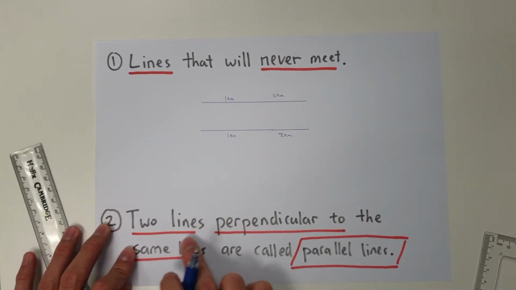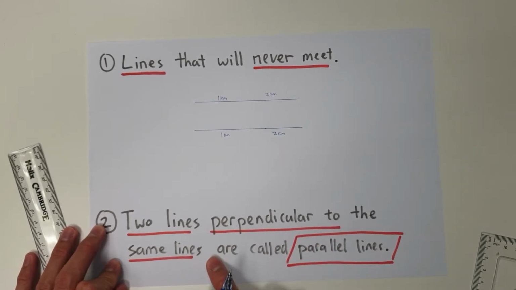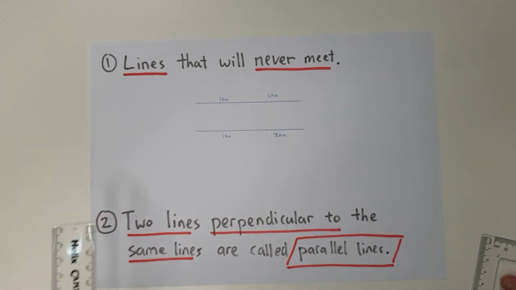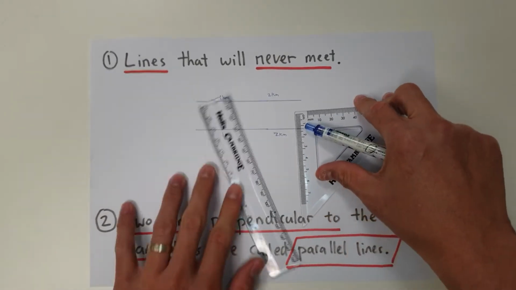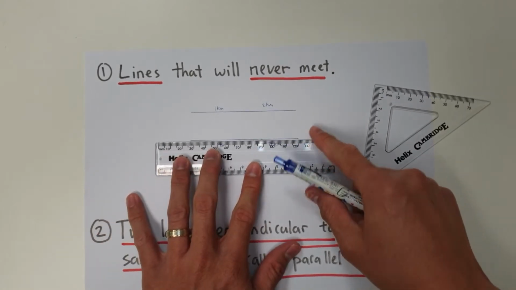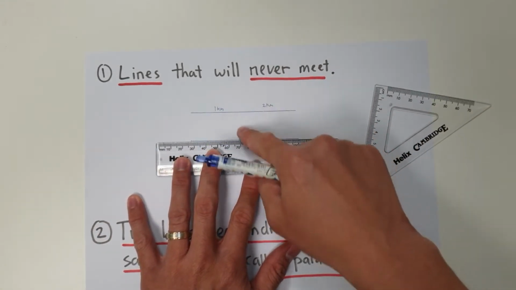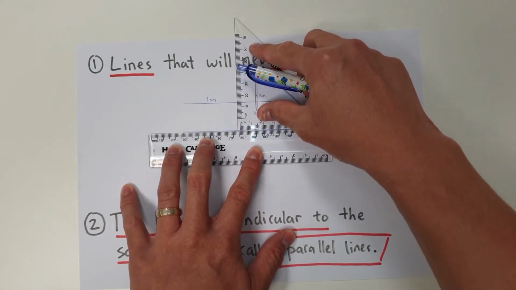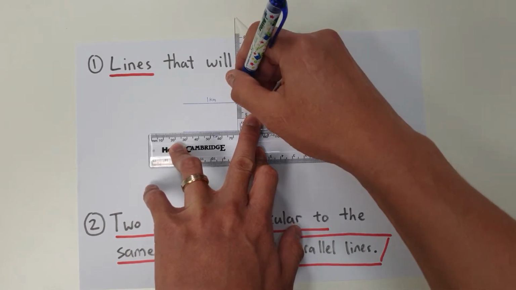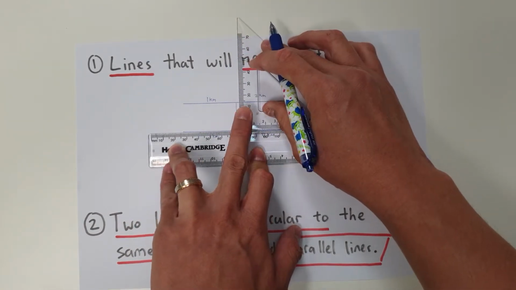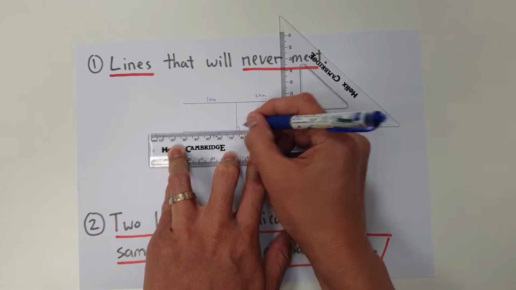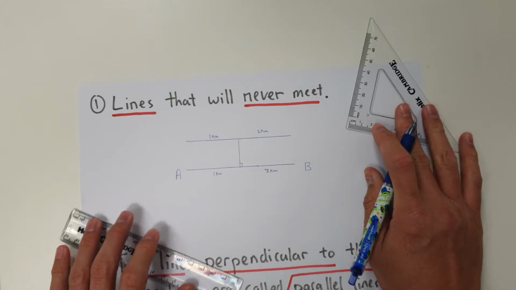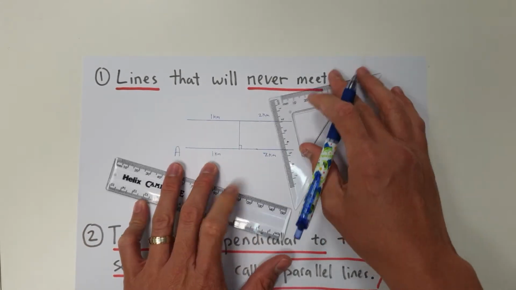And what does it mean by two lines perpendicular to the same lines? So let me draw perpendicular. It means that if the two lines, first and second line, are perpendicular to each other. So I'll draw a perpendicular line over here. Notice that this line, let's call it AB, is perpendicular to this line.